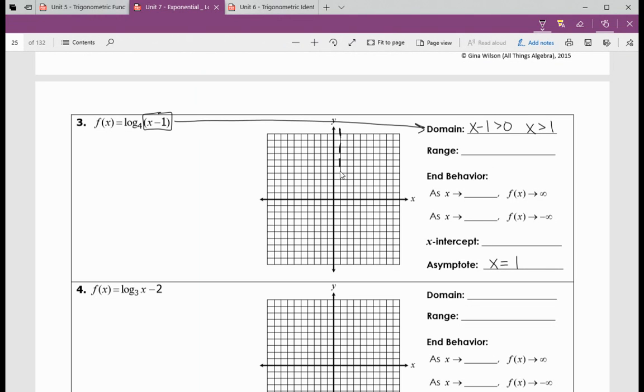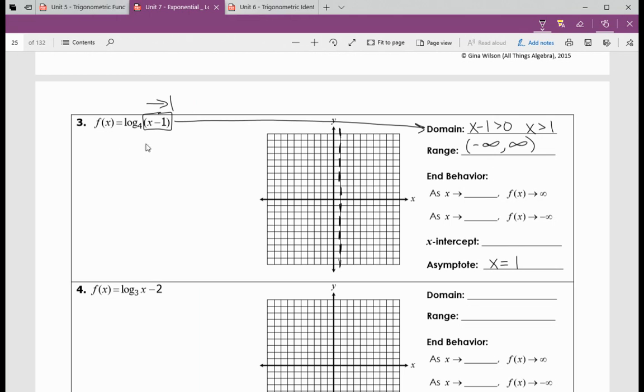So everything I do in this graph is going to be to the right of that dashed line, because we are shifting this graph to the right one spot. Now my range, still all real numbers. We'll finish our end behaviors in just a minute, and we'll get our x-intercepts once we get our equation written.